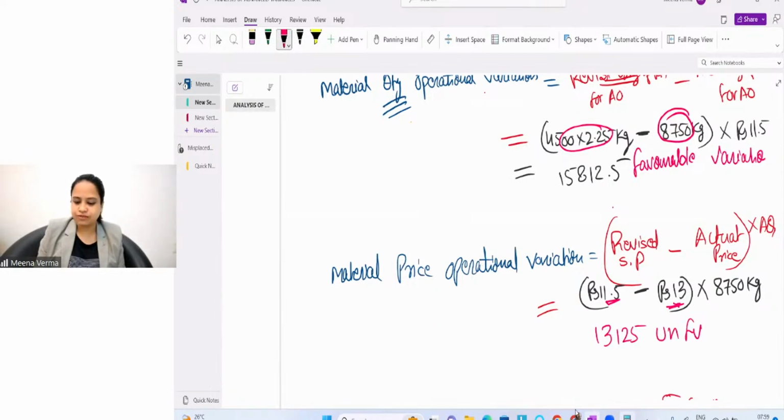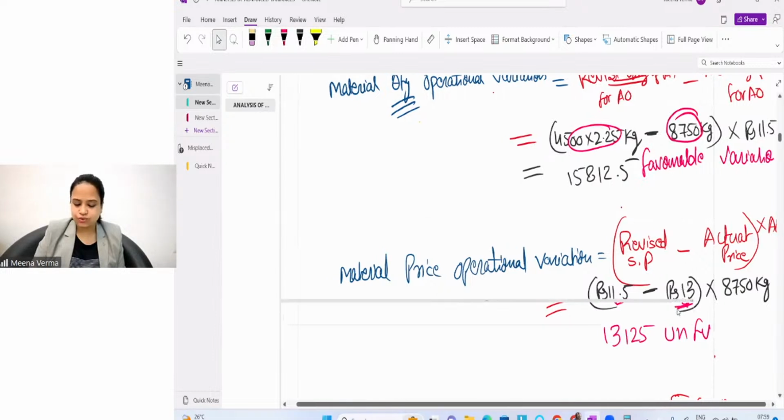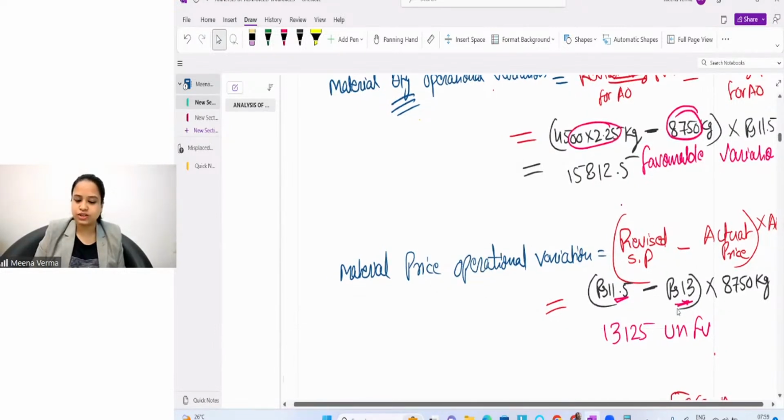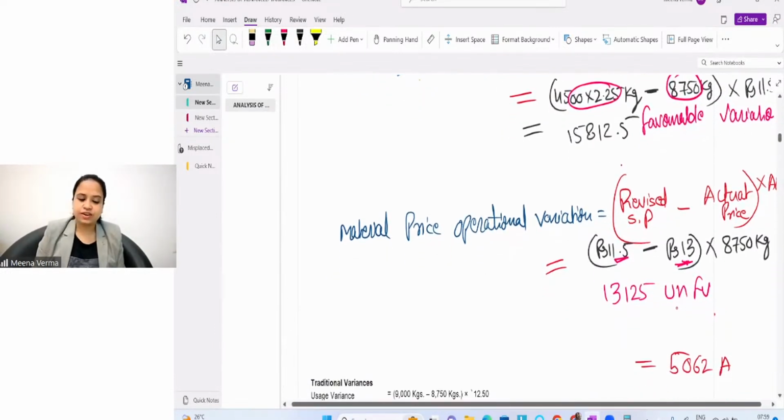You can see unfavorable, 13125. Now with this, you can find the total traditional operational variation. Traditional operational variation is a sum of these two variations, right?